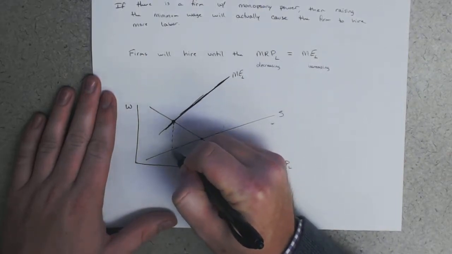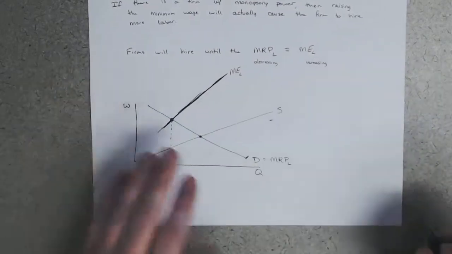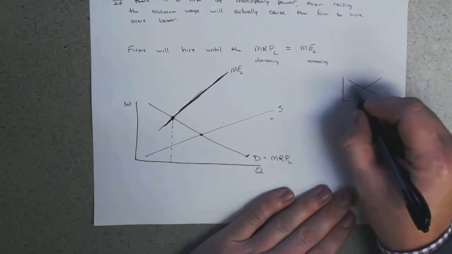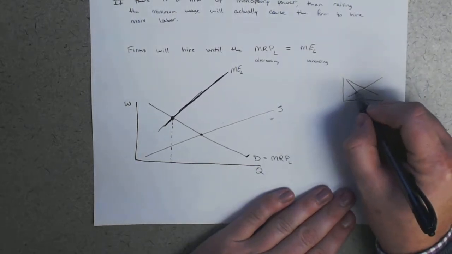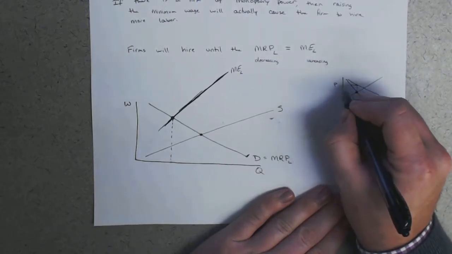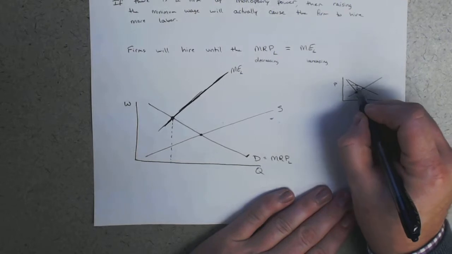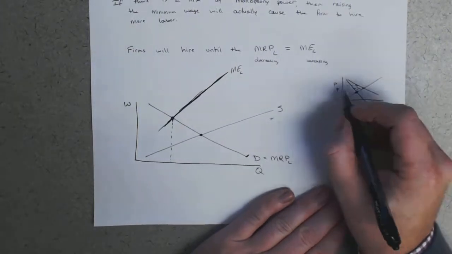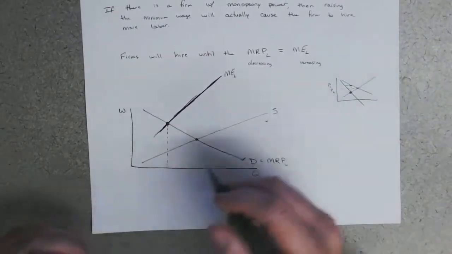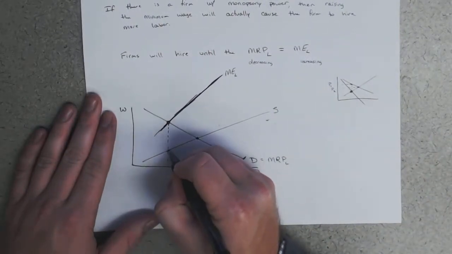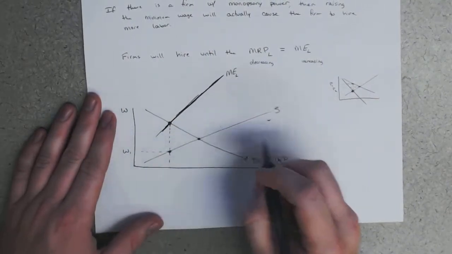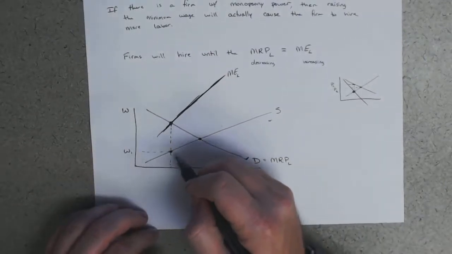And what's more, just like when we had a monopoly where we had the marginal revenue curve, remember, so we'll show you this real quick just in case you've forgotten it, we say that the monopoly will price up here, instead of at the perfectly competitive price. All right, remember this? So this is like the monopoly model. Monopsonies are able to price low, so they actually price very, very low.